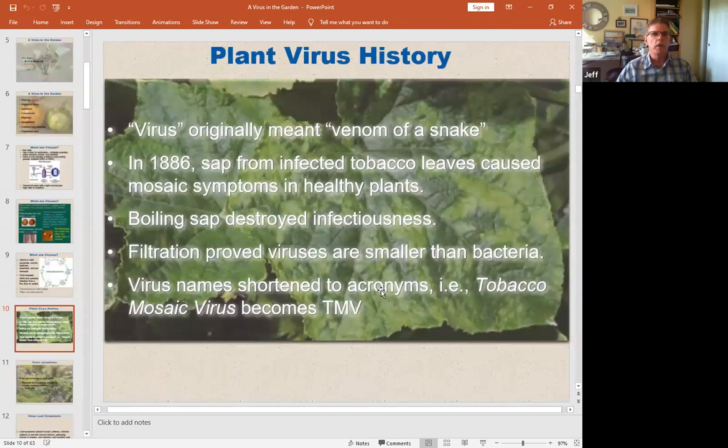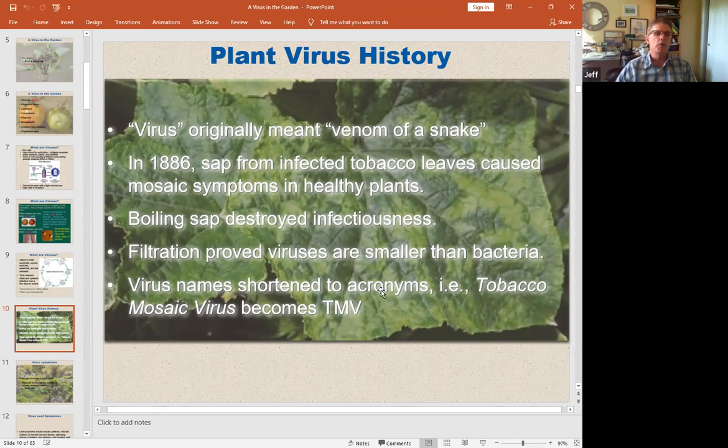So a little bit about the history. The word virus originally meant venom of a snake. So, if you say something is virulent, you mean it's harmful. So that's the name origin. In 1886, sap from infected tobacco leaves that showed a mosaic pattern, like you see on the screen, caused mosaic symptoms in healthy plants when that sap was rubbed on them.